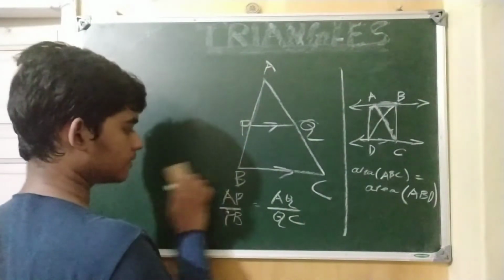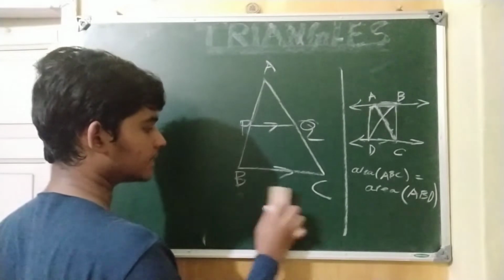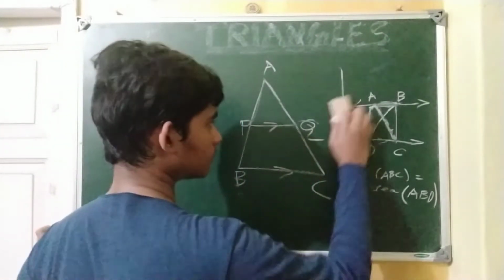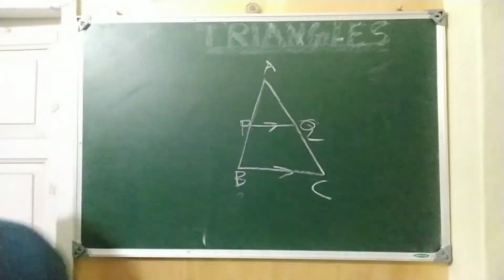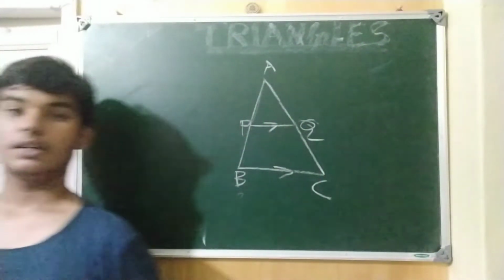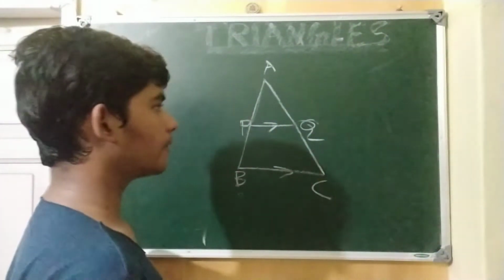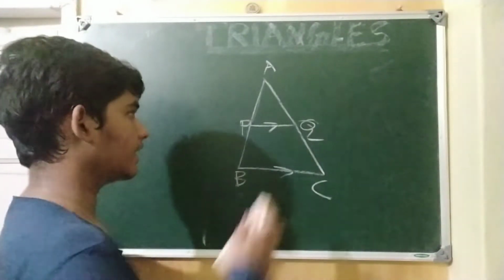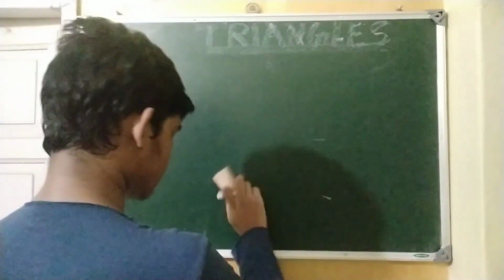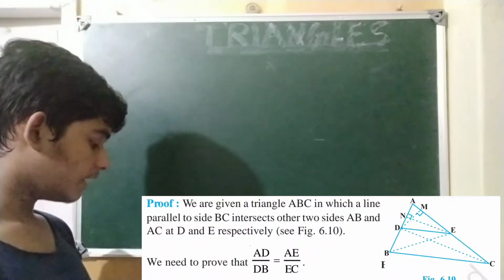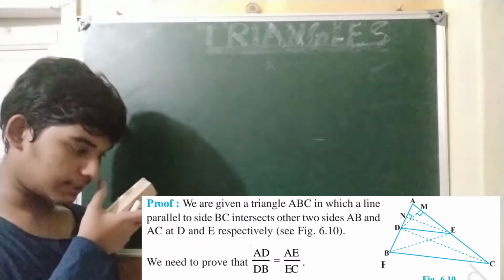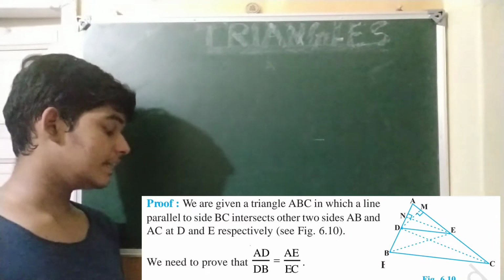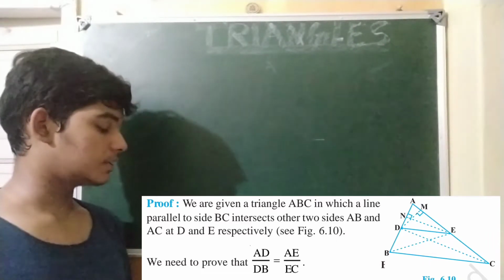Let me take this same triangle. To do this, we obviously need a question, and I have got a question right here. We are given a triangle ABC in which a line parallel to side BC intersects the other two sides AB and AC at D and E respectively.